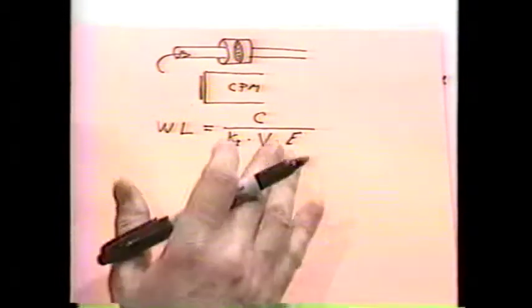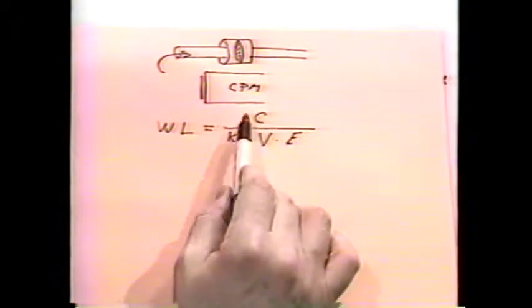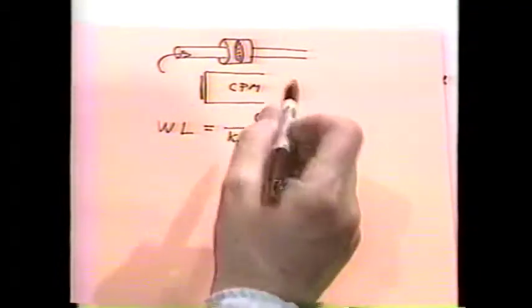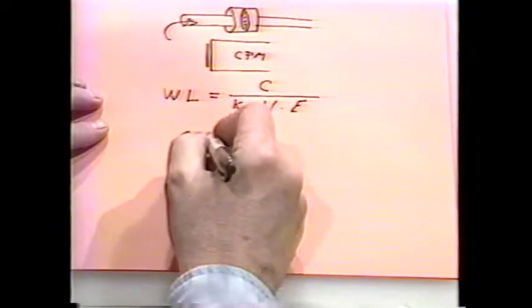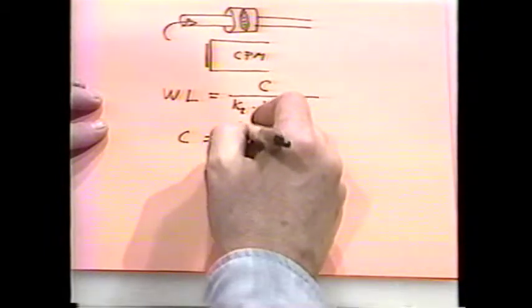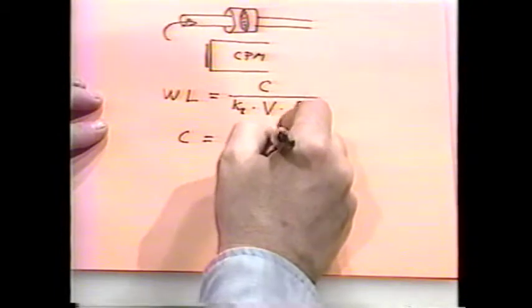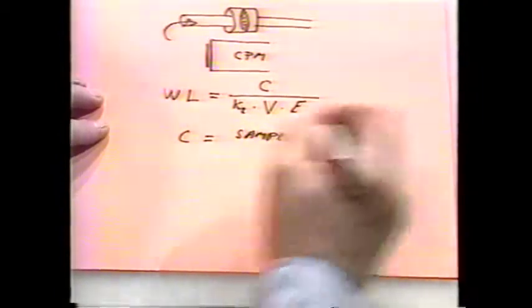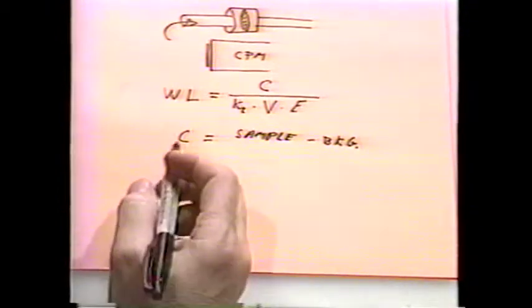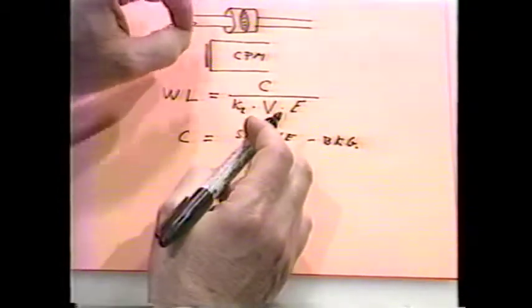And I'm going to talk about the efficiency in a minute. First, let me get this value C, and this value C is equal to the sample counts per minute minus the background.